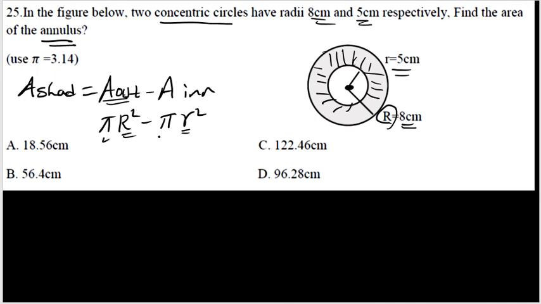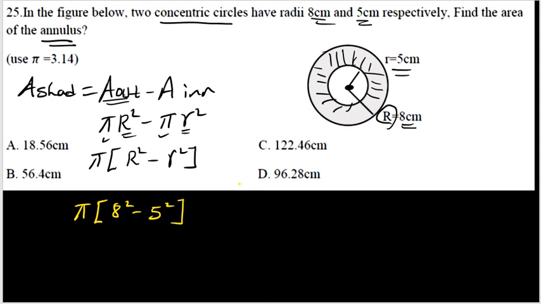If I take out pi as a common outside, what remains in the bracket? R square minus r square. Then still the pi, keep it outside. The outer R is 8 square minus the inner r is 5 square. 8 square is 64 and 5 square is 25, so we can write this one as pi times 64 minus 25.